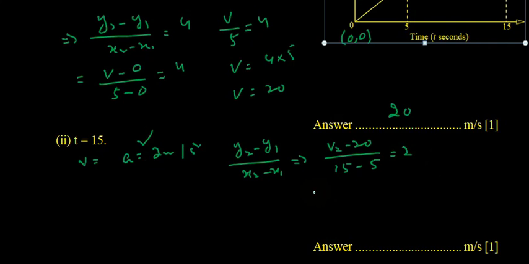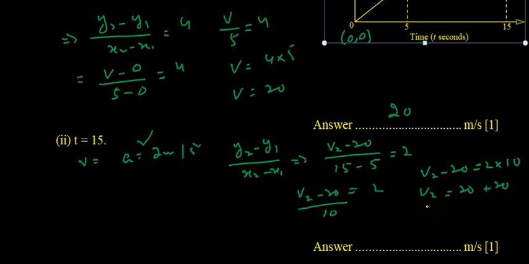Acceleration is already given. Now (V2 minus 20) upon 10 becomes 2, or V2 minus 20 becomes 2 multiplied by 10, which is 20. The minus 20 moves from left to right and becomes plus 20. So V2 becomes 40. So it is 40 meters per second.